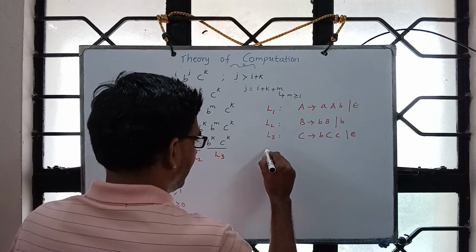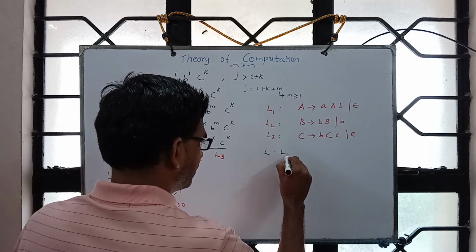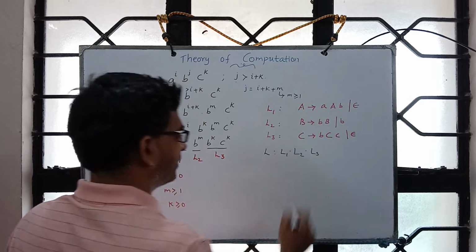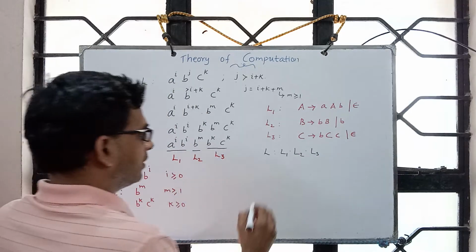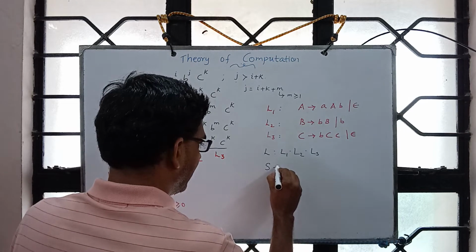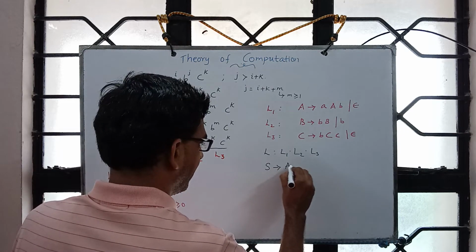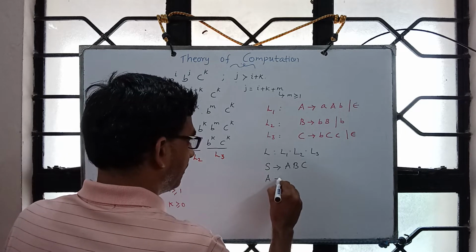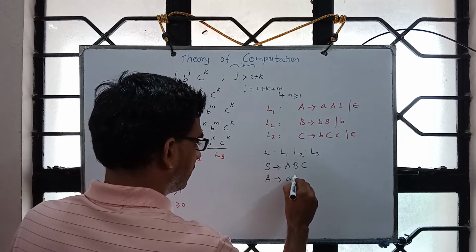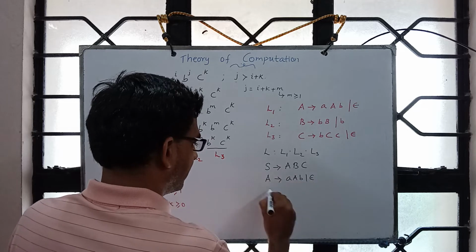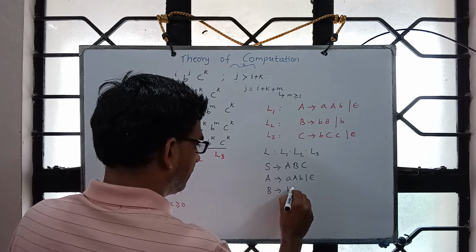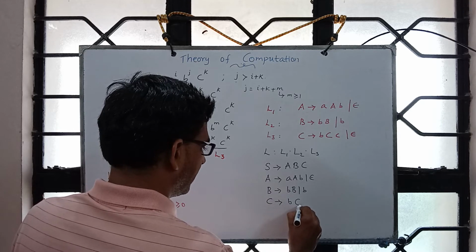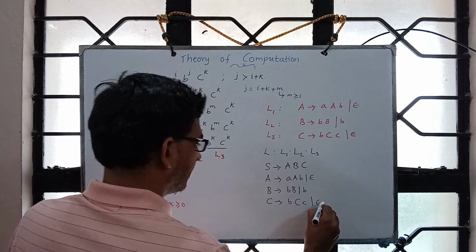Now what is L? L is precisely the concatenation of L1, L2, L3. So now to get L, you say S implies A B C, and A implies whatever we have written above, and B implies bB, C implies bCc, epsilon.